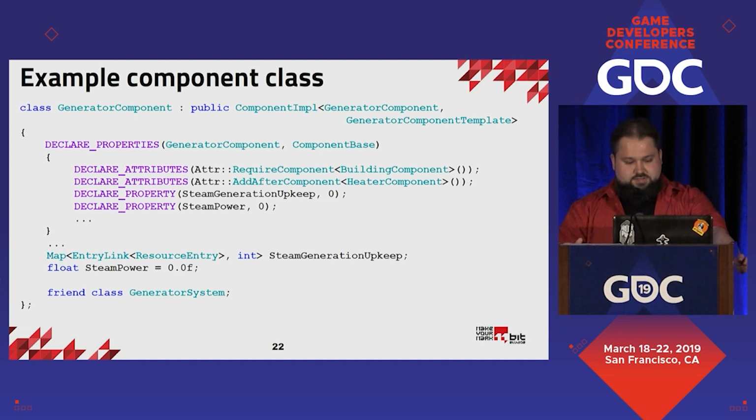So it introduces attributes. As you can see, there are two attributes, require component and add after component, which I spoke of earlier. And then we've got property declarations. These are also macro definitions that add the class fields to the RTTI system. And then, of course, our ordinary class members. And for convenience of usage, we also befriend a generator system so that the system can access protected members of the component.